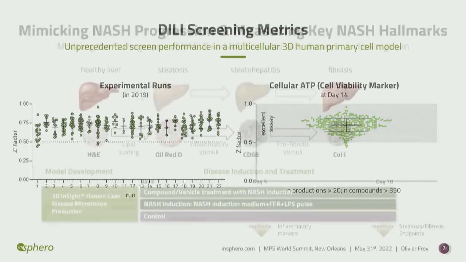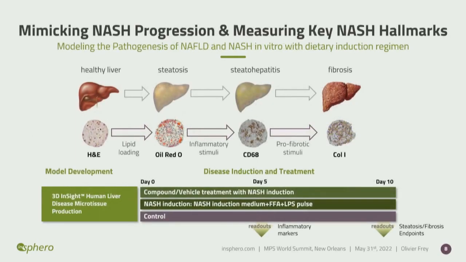If we now look at the single organ model, these microtissues can also be derived into disease models, as has been seen before, by using very specific stimuli. For example, here we start with a healthy liver model and can use lipid loading to drive it into steatosis, where you can see in the tissue model below how the lipids are accumulating.